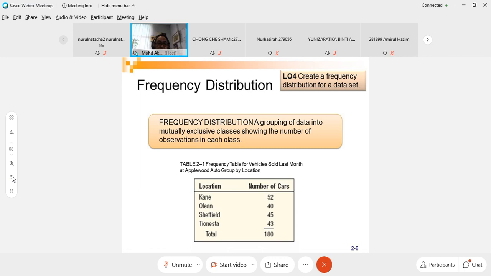Usually frequency distribution shows the number of cars in each class, similar to a frequency table. Frequency distribution means they show the total for each location we have. Okay, the next slide.